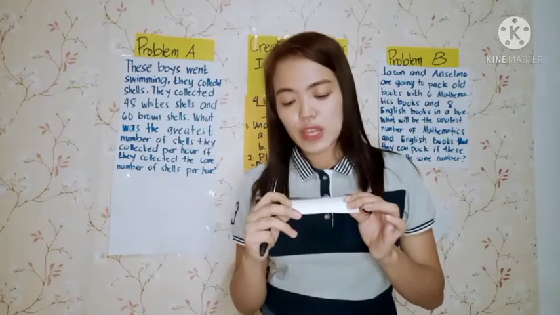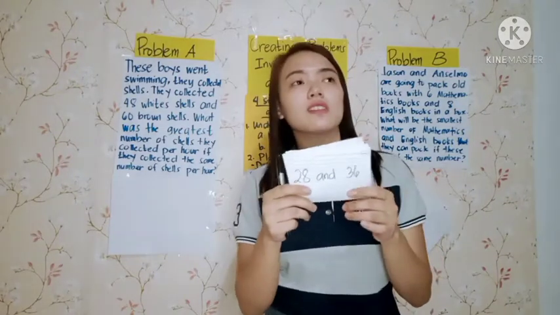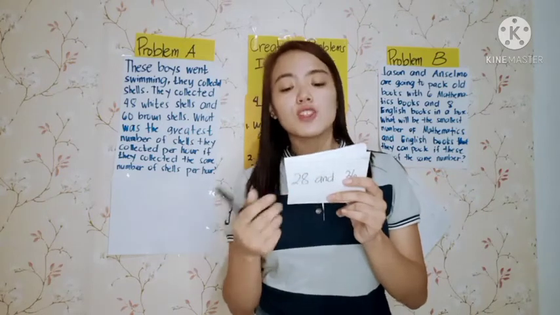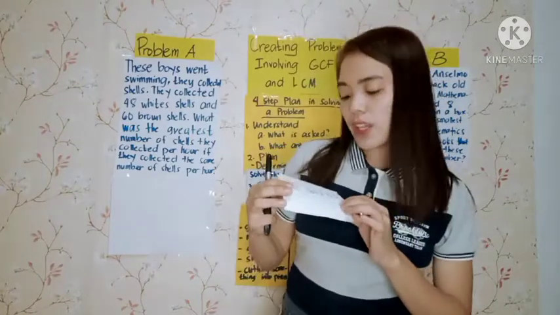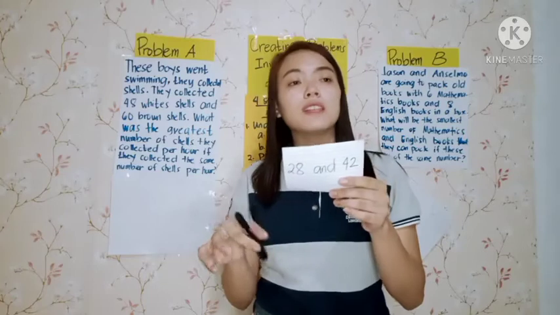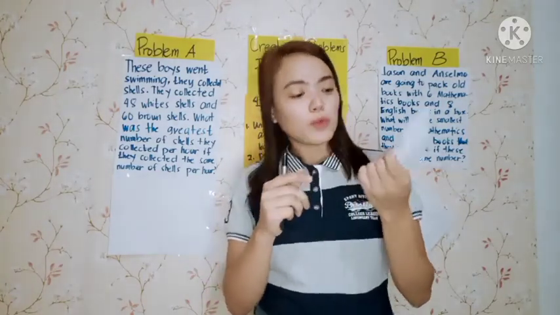28 and 36. What is the least common multiple of 28 and 36? Yes, 252. And the last one is 28 and 42. What is the least common multiple of 28 and 42?